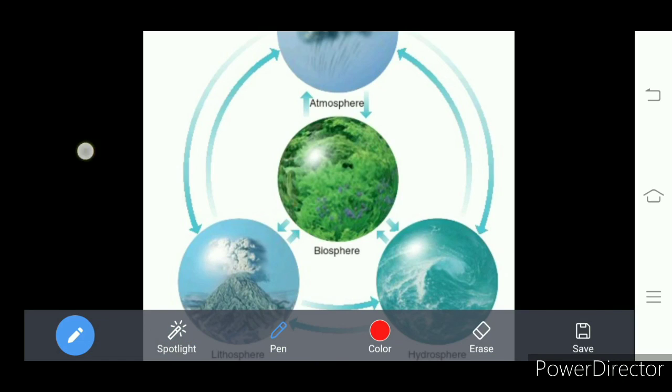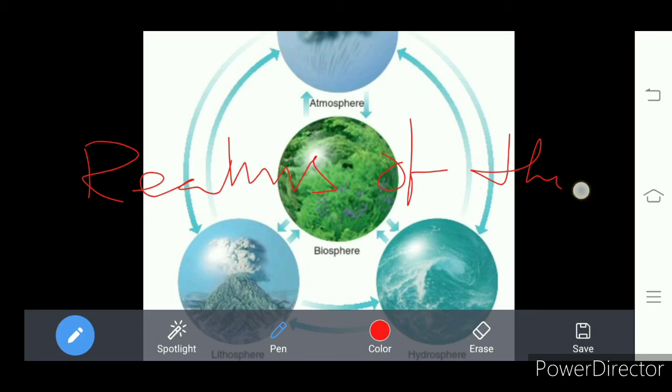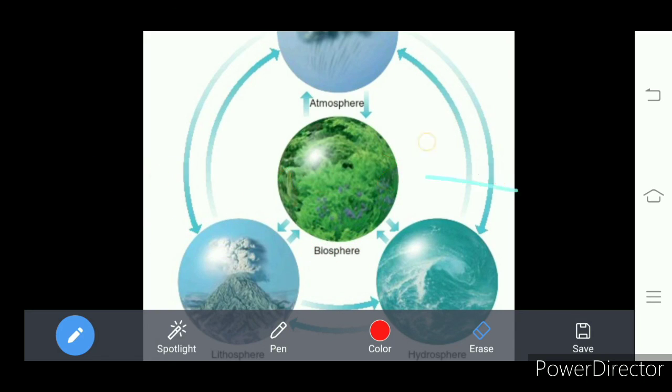What is that? Realms of the earth, right? So how many realms are present here? Three, excluding biosphere. That means four. We have four. One is lithosphere. What do you see here? Mountains, land part.